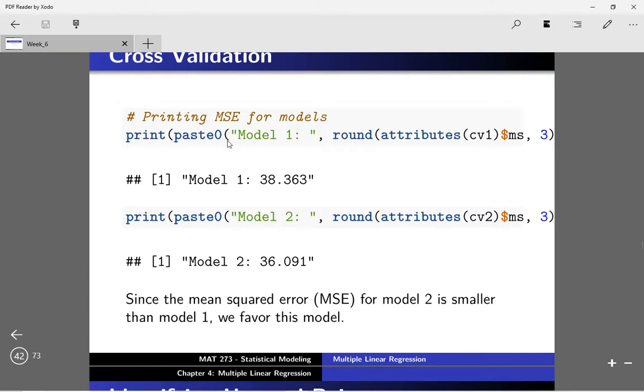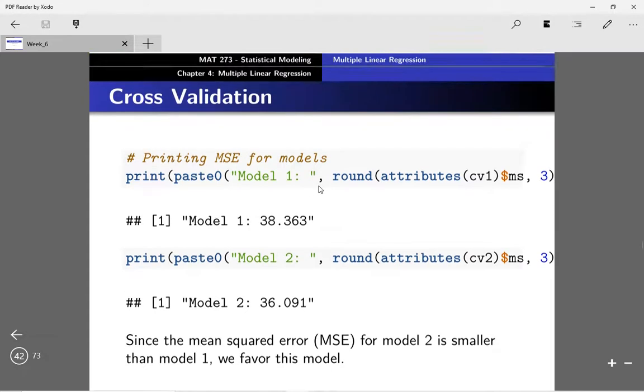And so here's where we get a more clear answer. The second model had a mean squared error of about 36, whereas the first one had an MSE of about 38. And we want to minimize MSE across the folds. So we select model 2.